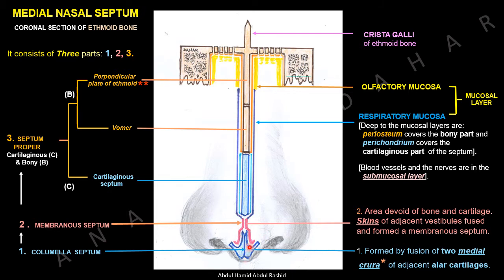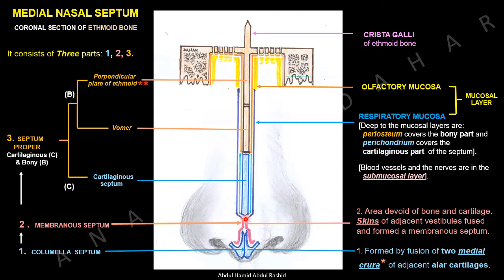Above this columellar septum is the second part, called the membranous septum. Why do we call it the membranous septum? Two layers of skin, one from the right and one from the left vestibule, fuse together and there is no bone or cartilage between them. They are just membrane, so-called membranous septum. Above this is the septum proper, the third part.